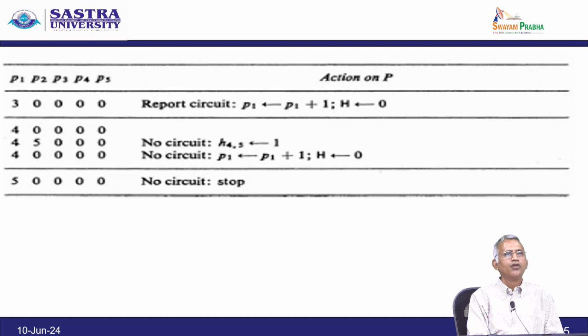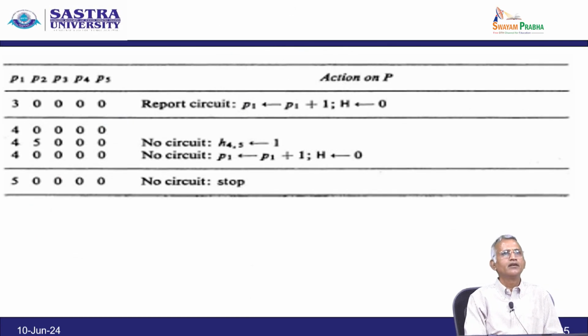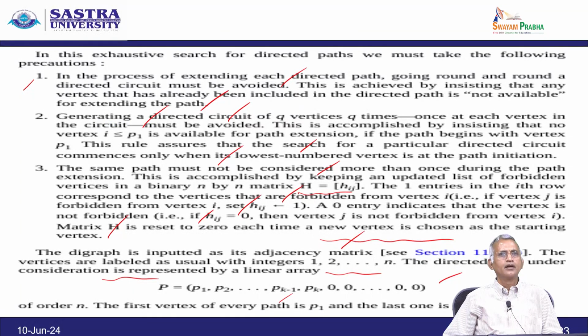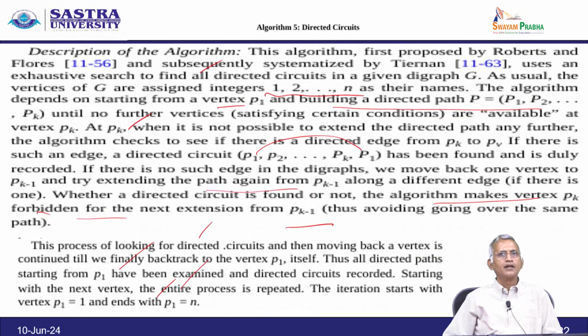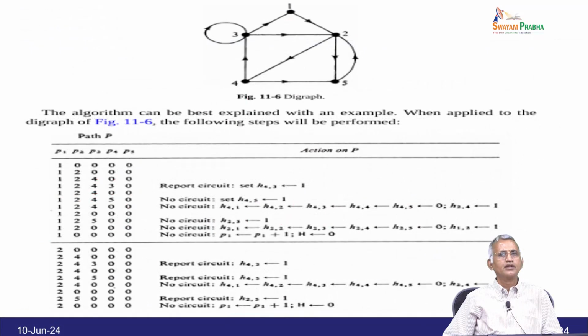And then fourth vertex, we have 4 to 5, right, 4 to 5, that is all, and then 4 and 4 stop it. 5, only one point, no circuit, therefore stop it. So, this is the technique of how to form directed circuits using this digraph.